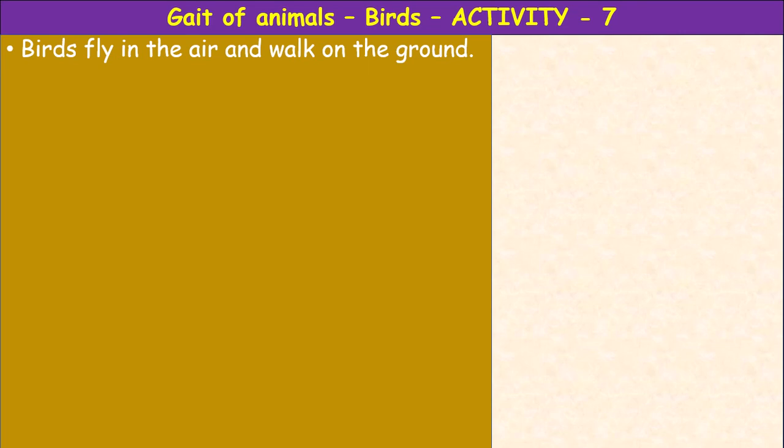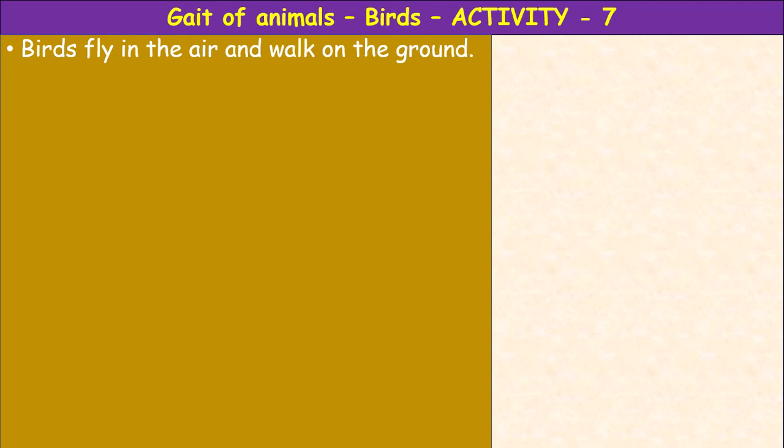Next animal, bird. How a bird moves. The birds fly in the air and walk on the ground. Now we were observing the movement in lower organisms like amoeba, unicellular organisms. There are no special structures.